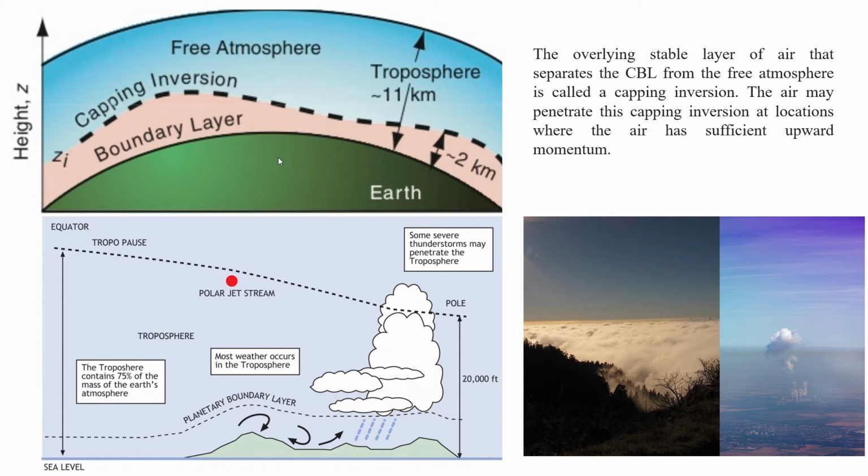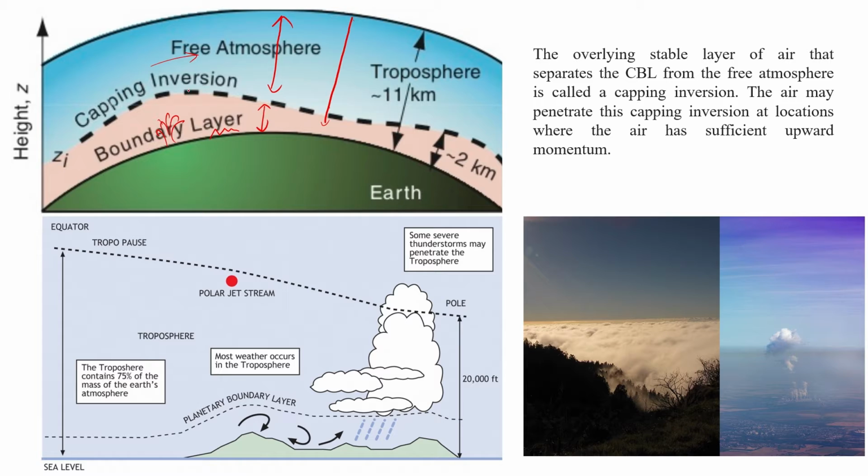Within the troposphere, this is the total height. This is the boundary layer height. And this is the free atmosphere. Due to the surface roughness, the heating and rising of air particles, etc., only this layer is affected, and the free atmosphere air is not affected. It is a uniform flow.